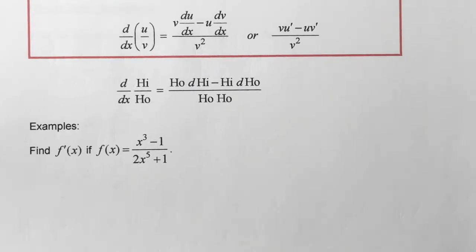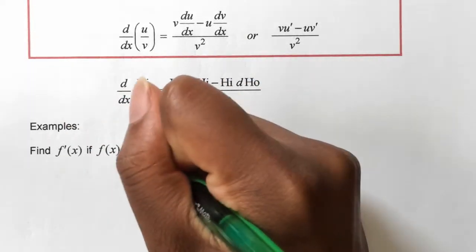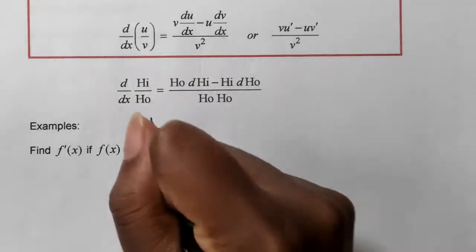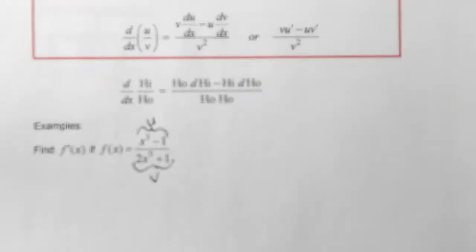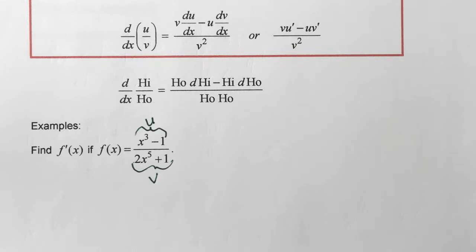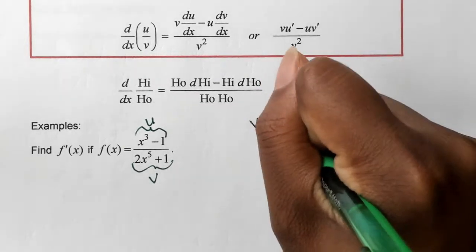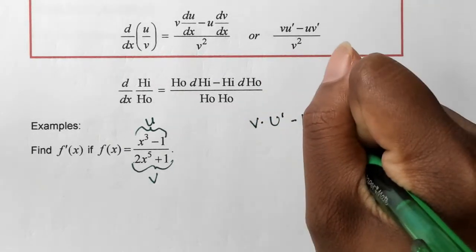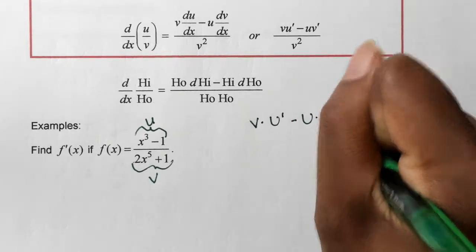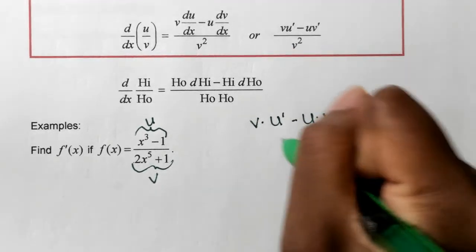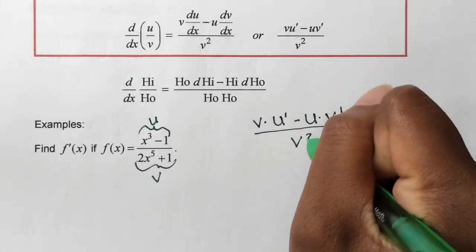So let's use this example. We want f prime of x if f of x is equal to x cubed minus 1 over 2x to the 5th plus 1. So again, we're going to figure out what's u and what's v. So our numerator will be u and our denominator will be v. And so we know that we want v times u prime minus u times v prime all over v squared.